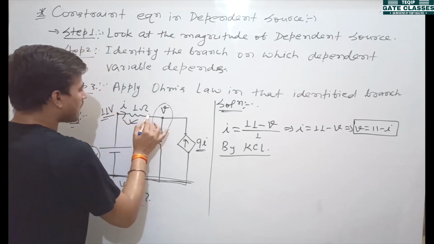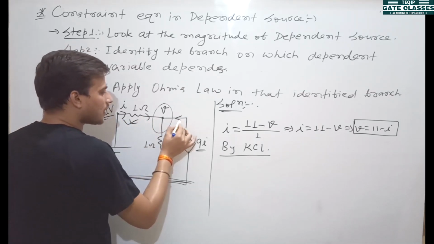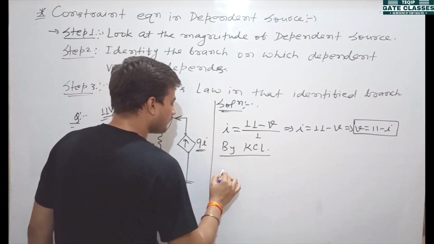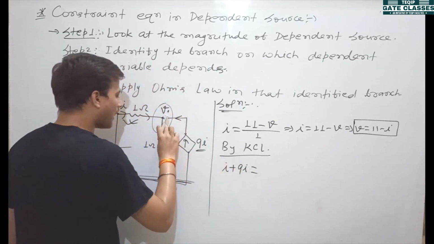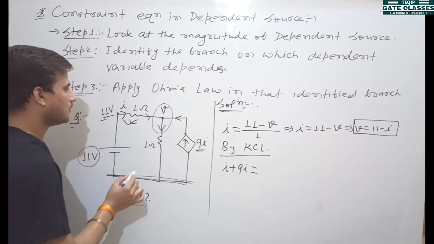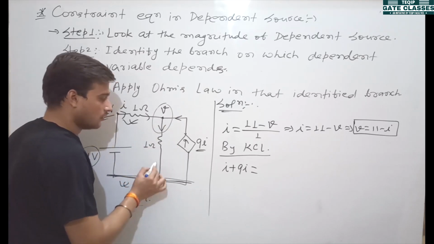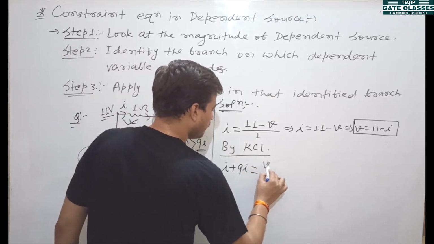Here you see that current coming through this branch is I. Current coming from this branch is 9I. So here the incoming currents are I plus 9I. It will be equal to outgoing current. What is the value of outgoing current? Here the potential is V. Here the potential is 0. So (V minus 0) divided by 1. That means V by 1.